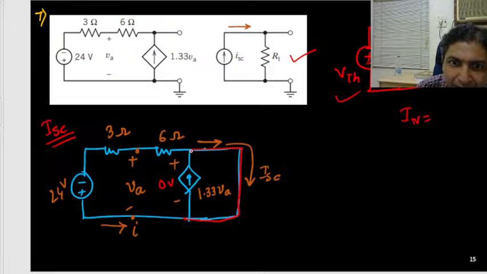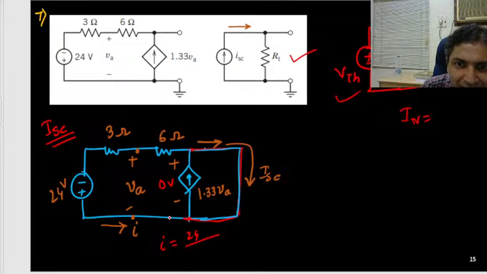If this is shorted, between these 2 points there is no potential gap. Potential difference is 0. So I can consider this loop. Current will be simply this 24 volt by the total resistance in this loop. The loop is 3 plus 6 is 9, so 8 by 3 ampere.